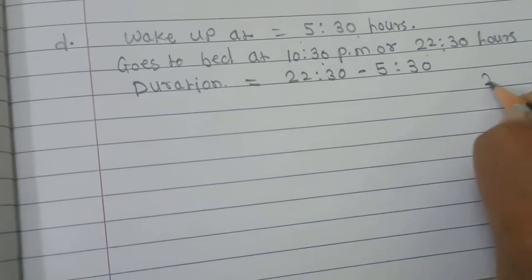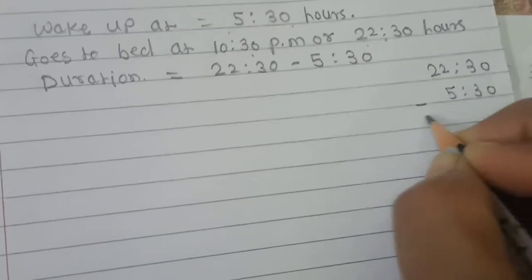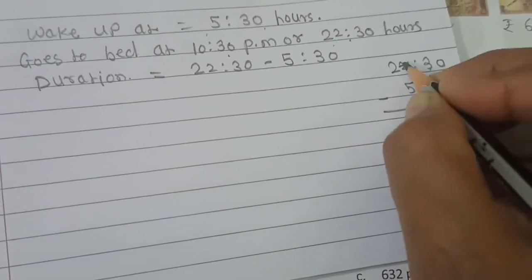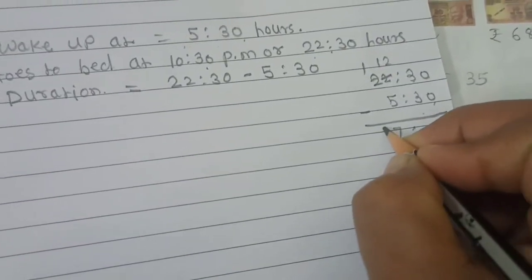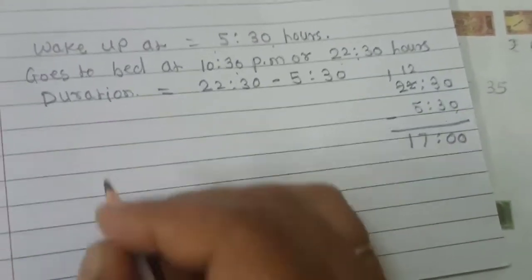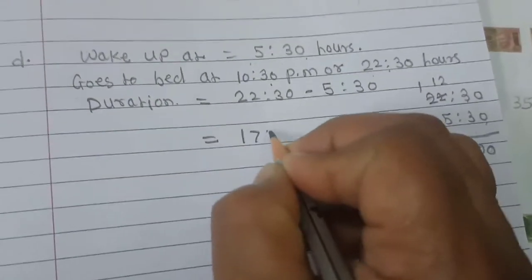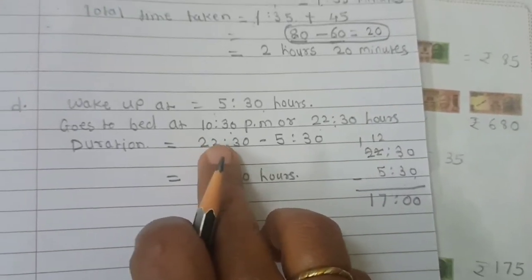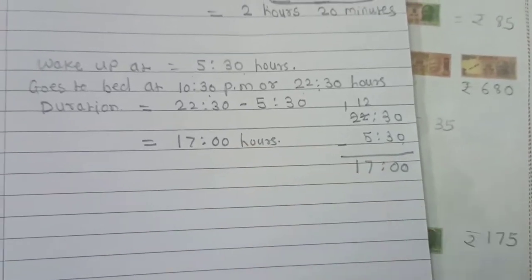Do this subtraction: 30 minus 30 is 0. 2 minus 5 not possible, so 12 minus 5 is 7, and 1 remains. So the duration awake is 17 hours. Children, like this you have to complete D. Write this answer, 22:30 minus 5:30 is equal to 17 hours, in the textbook.